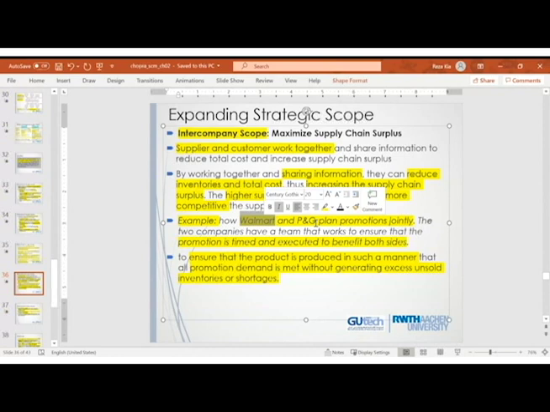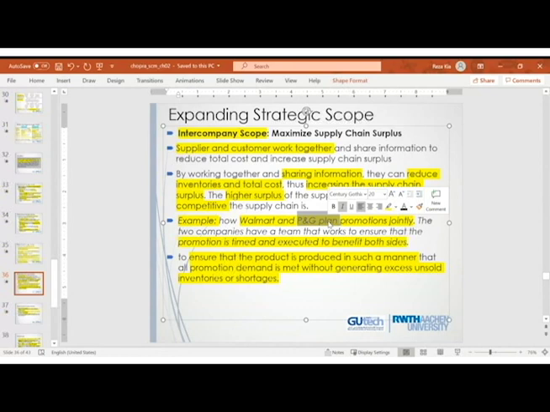So whenever there is going to be a promotion by Walmart, that promotion plan is coordinated with the P&G manufacturing site, because they want to make sure that the product will be produced in a good time, and the promotion will happen without resulting in too much production or a shortage in the market.